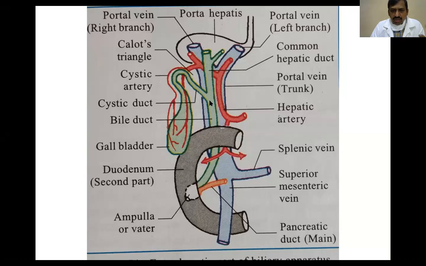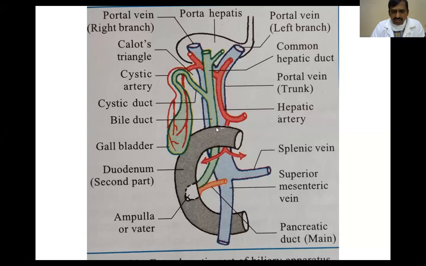Here, we are dividing the common bile duct into different parts depending upon its relations. First, this is the supraduodenal part, and this is the first part of the duodenum. This is the second part, third part, and next fourth part.